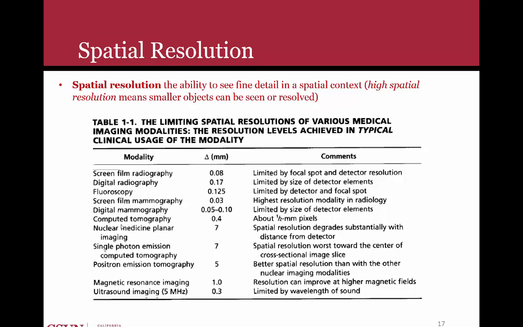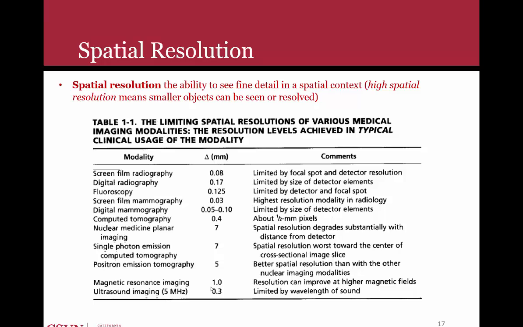But once you start getting into things like ultrasound, you can do 0.3. For digital mammography, you can get 0.05. Magnetic resonance isn't very good. It's 1, but it does give you good contrast.